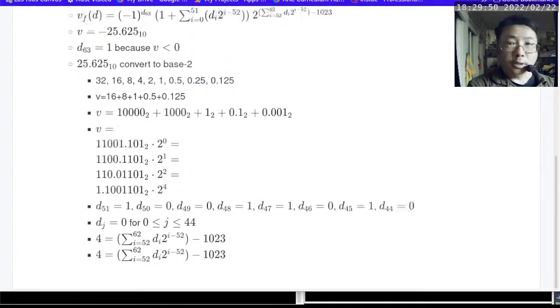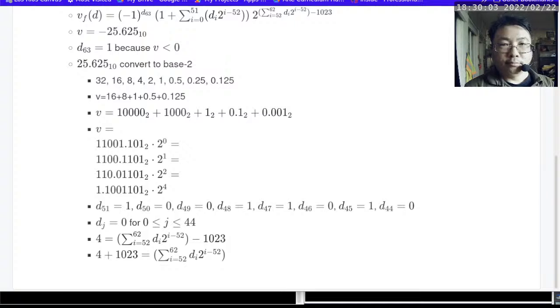So the next thing we do is add 1023 to both sides, and that cancels out the minus 1023 on the right hand side. Are we good? I just want to check. Okay, so we're good.